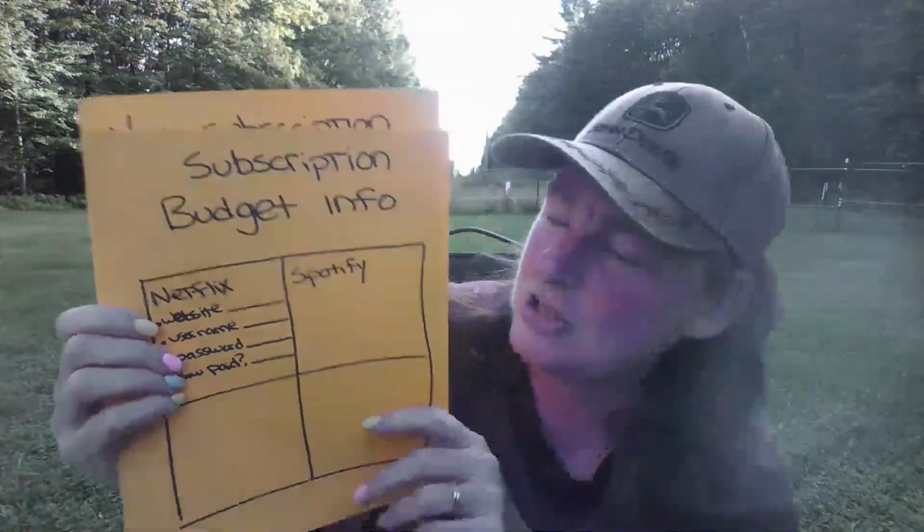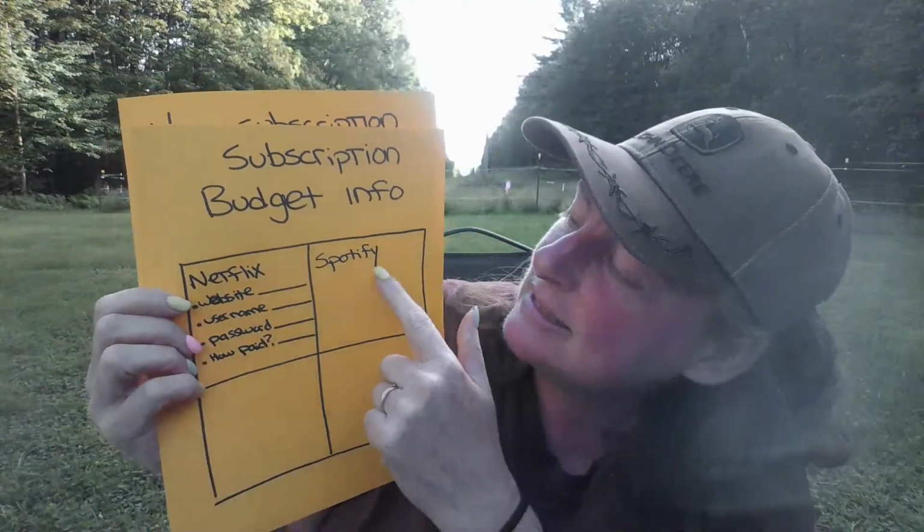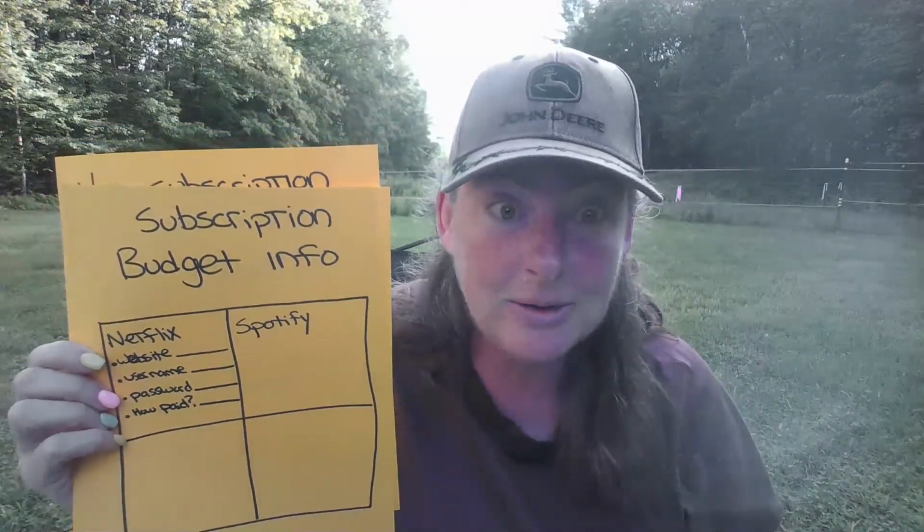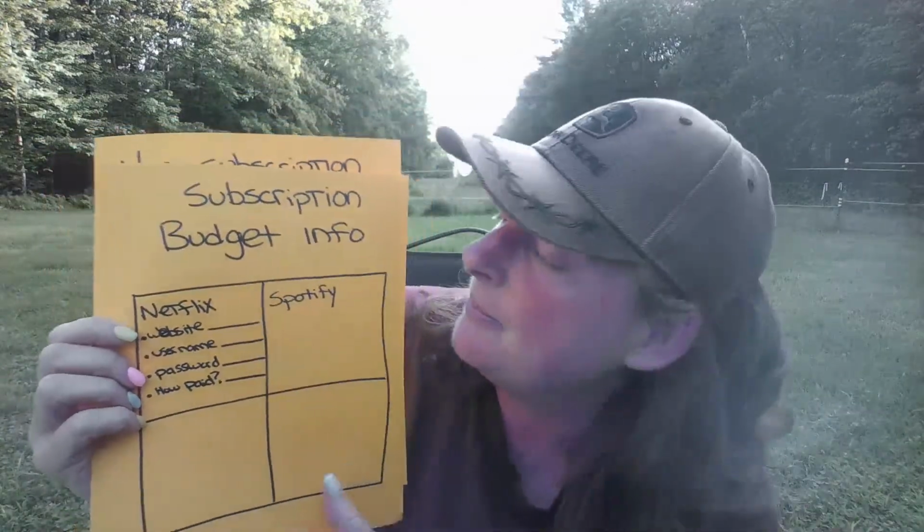So I'm changing that to be on the subscription page. So I have Netflix, Spotify, and again, you would put the information. So I'm really changing the format of what is in the binder, but I think overall it will be helpful.